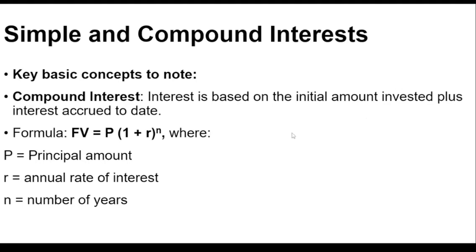So that is the difference. And here is the formula. You can see that it has the same variables, but the n is now a power. So we have the principal amount multiplied by 1 plus the rate, raised to the power n. The variables are the same. So that is the compound interest formula and its meaning.